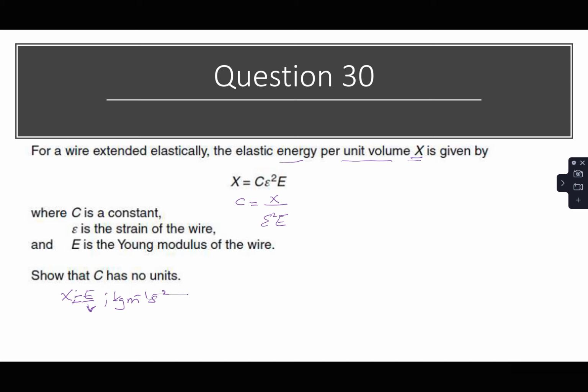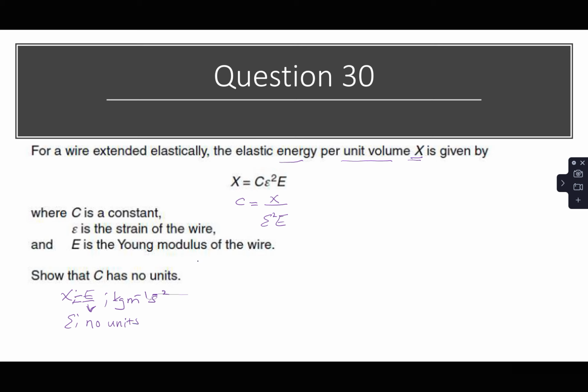Epsilon is strain. Strain has no units because it is extension over original length.